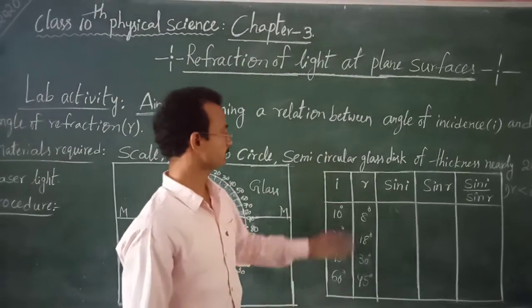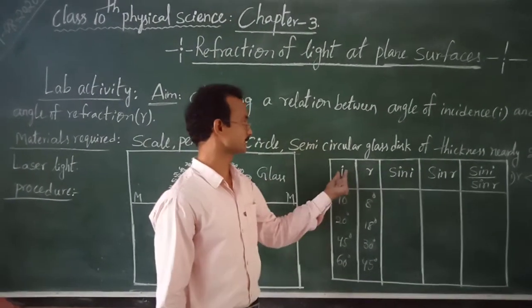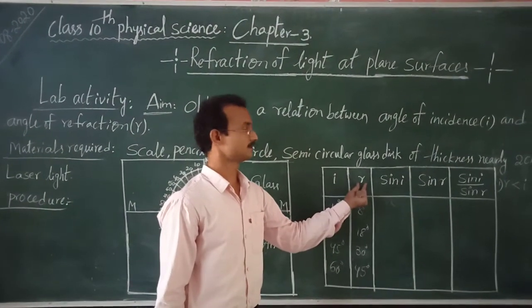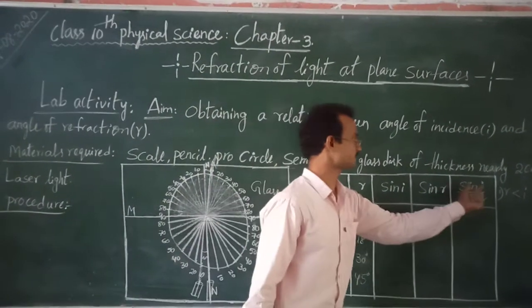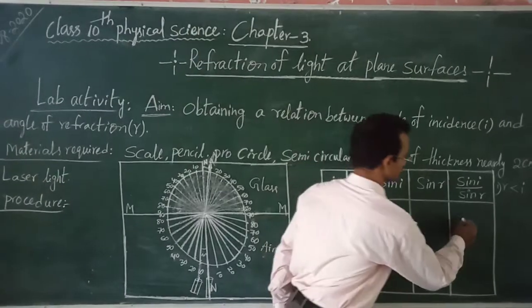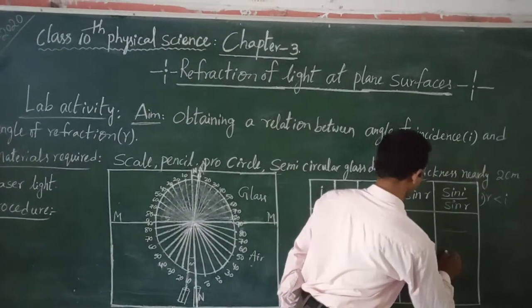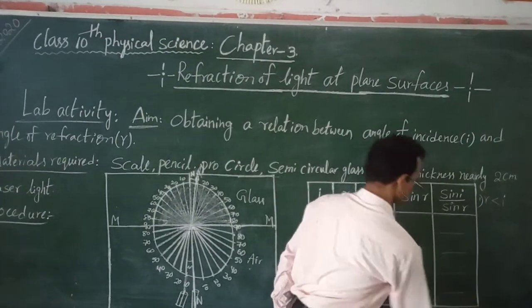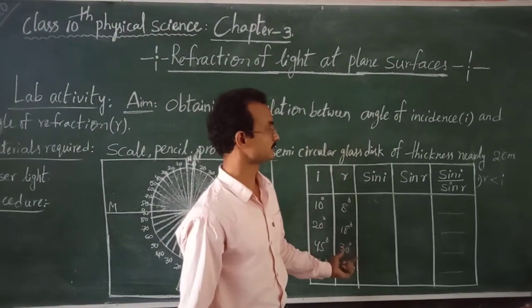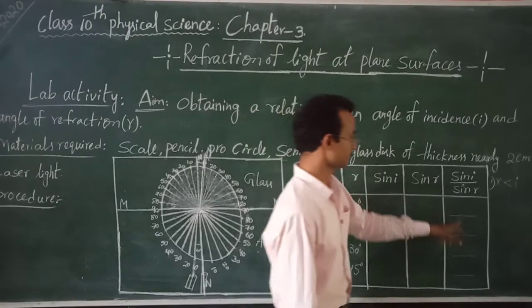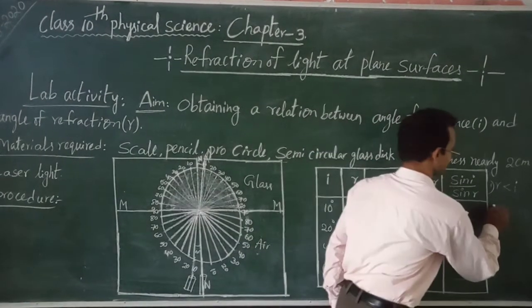One more thing: if you calculate the sine functions for the corresponding angles, sin I and sin R values, and then take the ratio of sin I by sin R, you will get a constant value. For all the incident angles and corresponding refraction angles, you will notice that the sin I by sin R value is a constant.